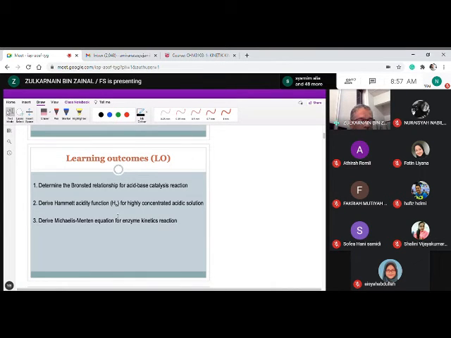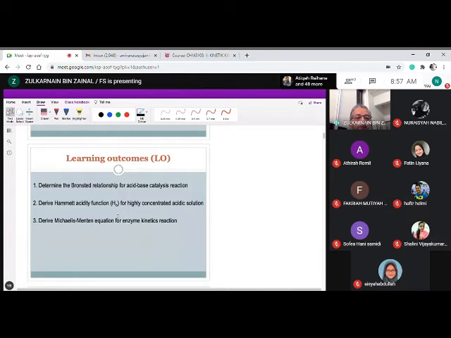So we would normally assume that if the reaction has high acid properties, for example, it will strongly catalyze a reaction which needs the acid as the catalyst.